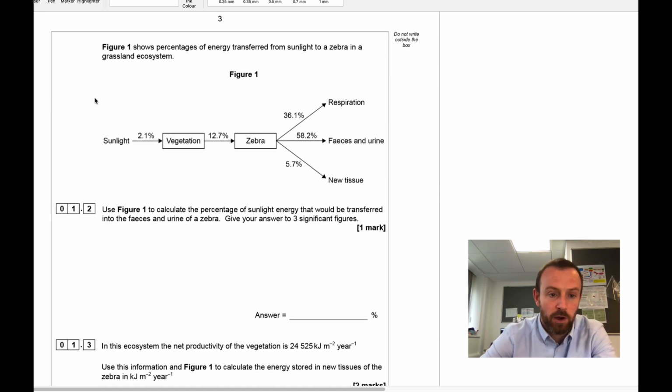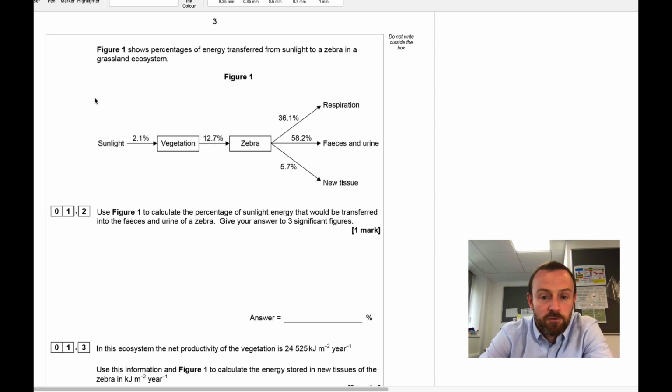Okay, so we've got energy flow here. Figure 1 shows percentages of energy transferred from sunlight to a zebra in a grassland ecosystem. Let's analyze it first. We've got the sunlight coming in. Only 2.1% gets into the vegetation, so that's really not a lot. And then 12.7% gets into the zebra.